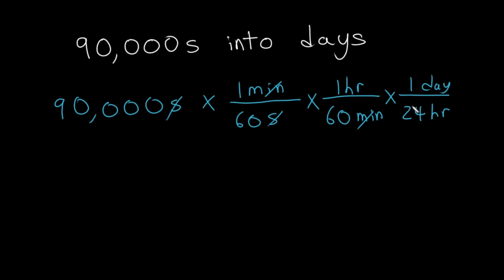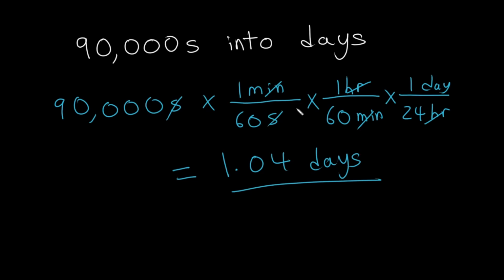So the units will cancel there, and all we'll be left with is days. So if we multiply all this together, we get 1.04 days, and that's the answer. So this one is slightly more challenging just because there's multiple steps to get the answer.